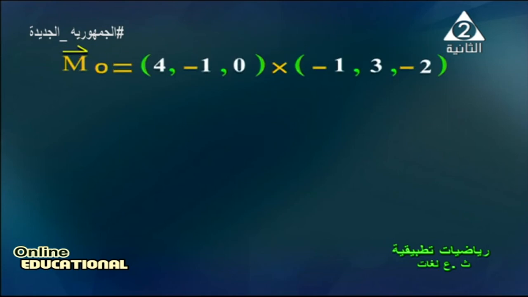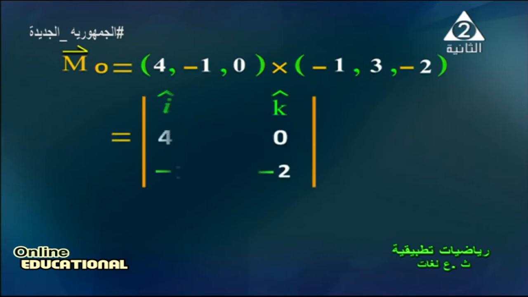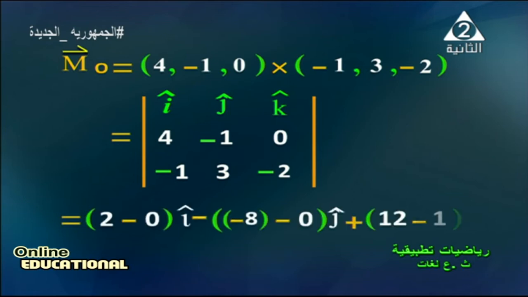Then the moment about O is a vector equal to the cross product of vector (4, -1, 0) and vector (-1, 3, -2), which equals the determinant of i, j, k, 4, -1, 0, -1, 3, -2, which equals (2 - 0)i - (-8 - 0)j + (12 - 1)k.